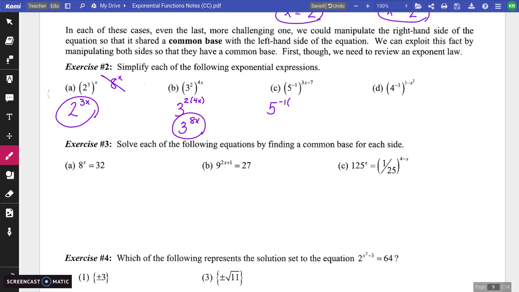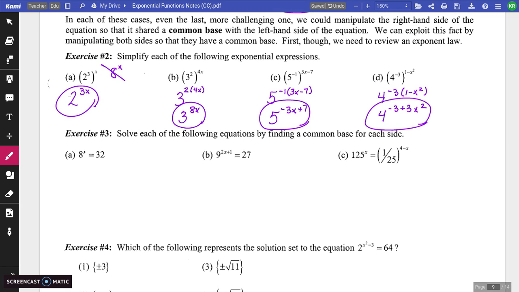You multiply your exponents, and this would turn into 5 to the negative 3x plus 7 power. Then D, same thing, power to a power. You're going to multiply your exponents. So this becomes 4 to the negative 3 plus 3x squared as your exponent.